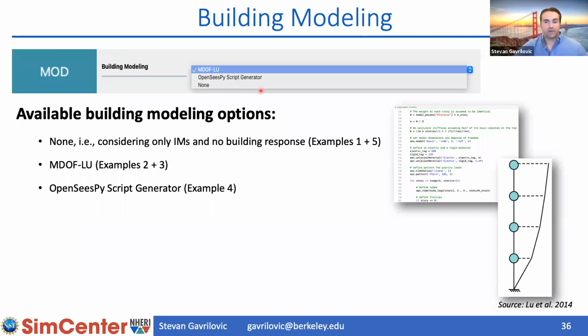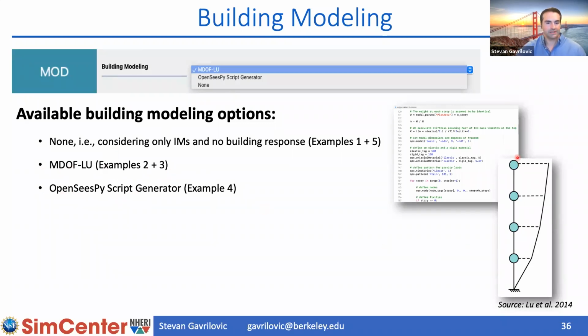So going on to building modeling, there are several building modeling options available. The really easy one is none. So if you want to skip building modeling altogether, you can consider only the intensity measures, like say PGA of your earthquake. And this is highlighted in examples 1 to 5. There's also the MDOF-LU and OpenSeesPy, which I'm going to go through in the next slide.